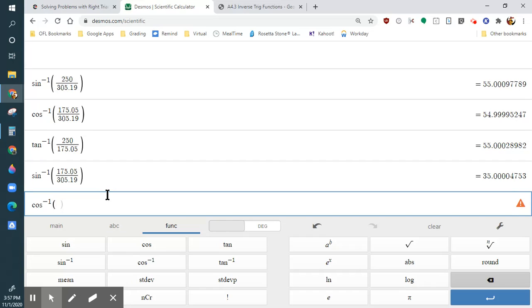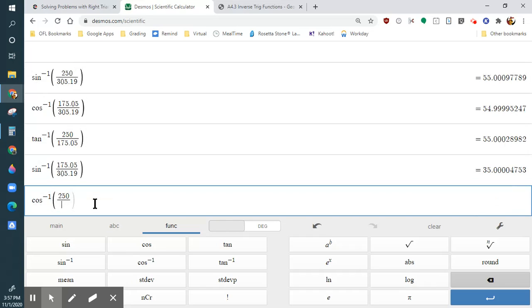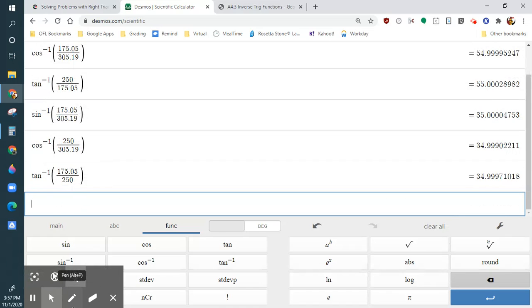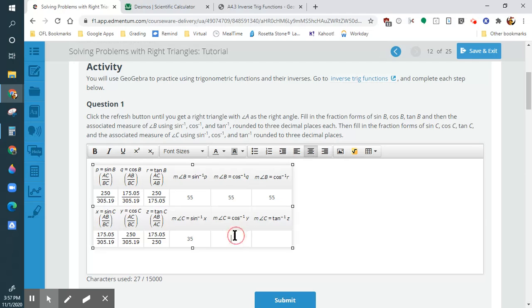I'm just proving it because that's what Edmentum wants you to learn from this. Again, we get 35. It's just a little off. Next one is tangent inverse, and this one's upside down of this, so it's 175.05 divided by 250. Again, it's all 35, so this is also 35 after we round it.